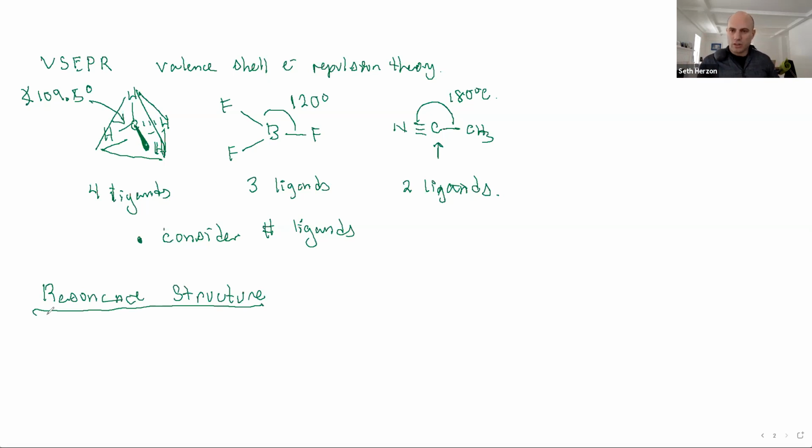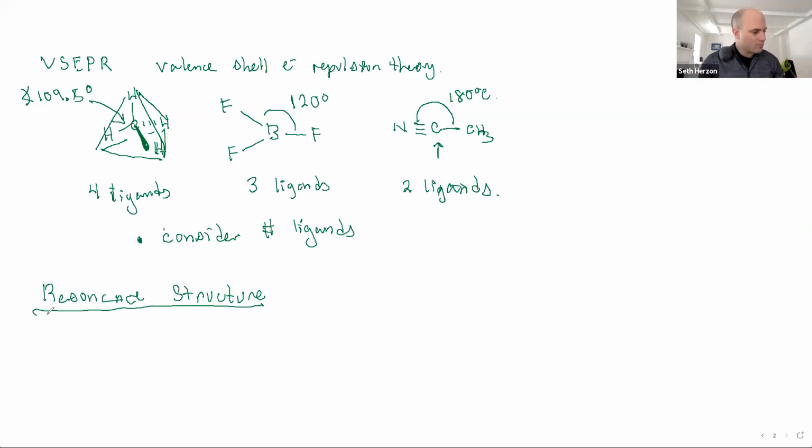And so here's one of them. We're going to introduce it, and it's going to come up, and we're going to refine our understanding of it as we go through the course. But the essential point, or the utility of resonance structures, is to more accurately describe the bonding in a molecule than a Lewis dot or a line structure.